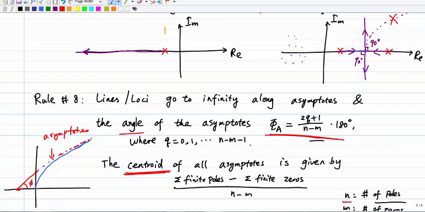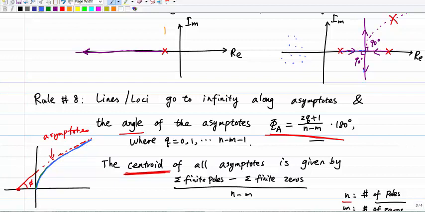Here is a description of what this means. This is not a formal definition, but it is what I mean by asymptotes. Suppose the blue line is the line of the locus.